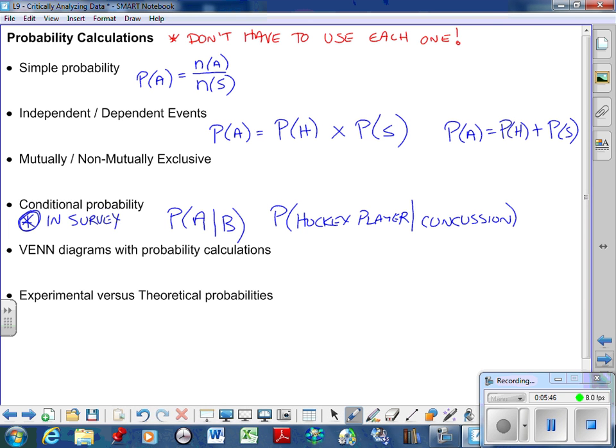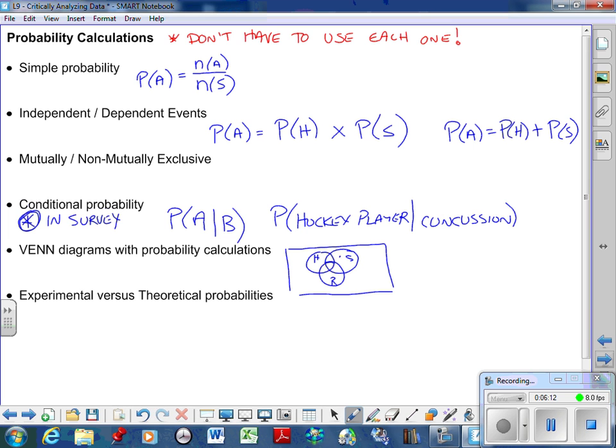Venn diagram with some probability calculations, but the Venn diagram is very important as well. It can be used effectively, especially if you're dealing with multiple, like a checklist question. So if you think back to the survey note that I did, how many people play the sports, I'm only going to do 3 sports, but let's say we have hockey, soccer, and rugby.